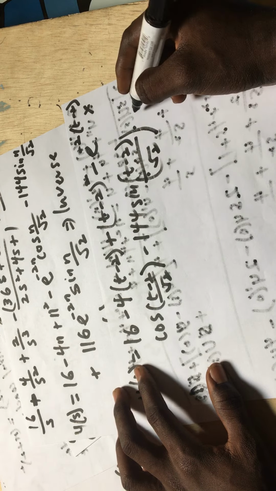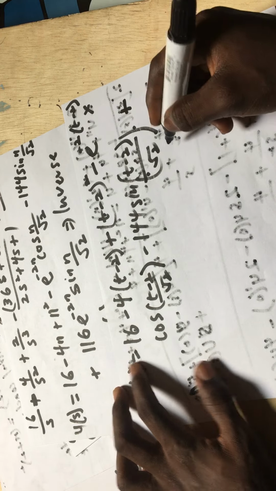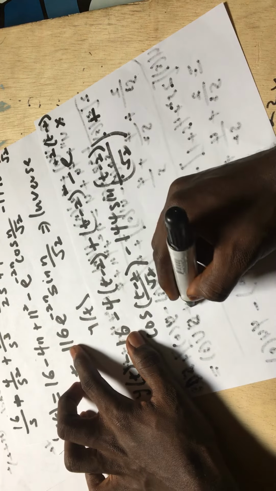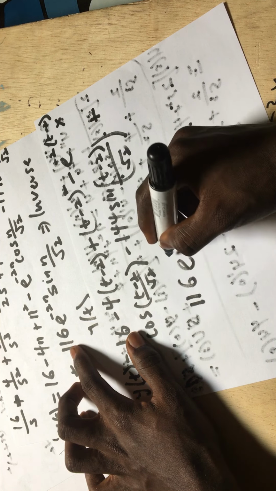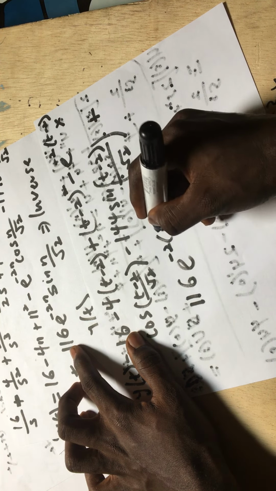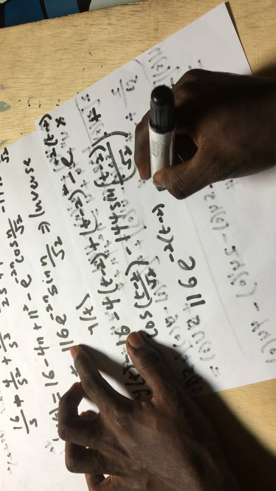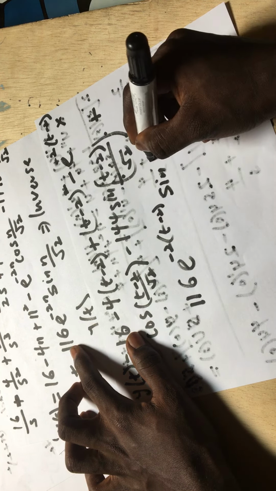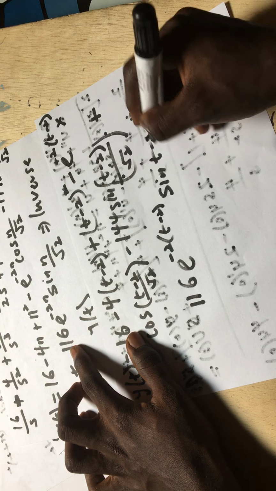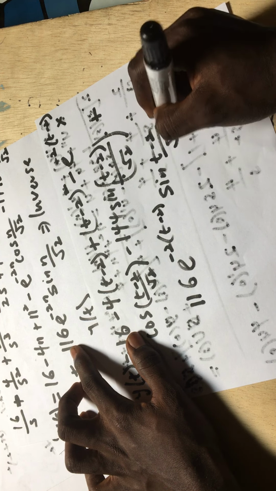Are you okay? Then plus 116 e raised to the power negative 2 into bracket of t minus 2 multiplied by our sine of t minus 2 all over root of 2.